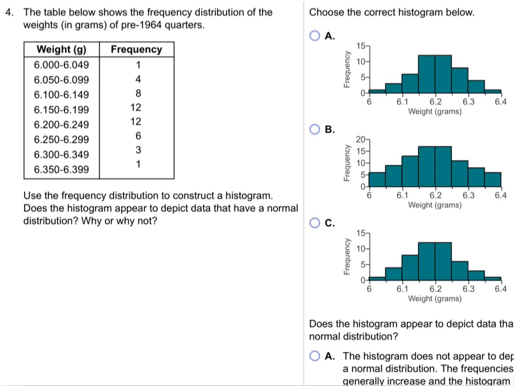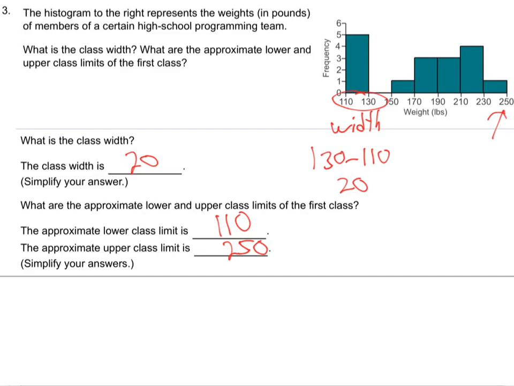For the previous question, I plugged in the numbers and it's saying that I'm wrong. Me too. I think it's 21. Uh-oh, I'm messing up. 130 minus 110 is a math problem, but if you count from 110 to 130, it's 21.